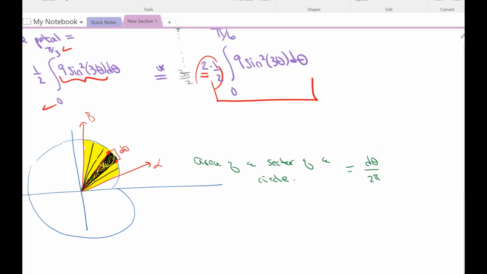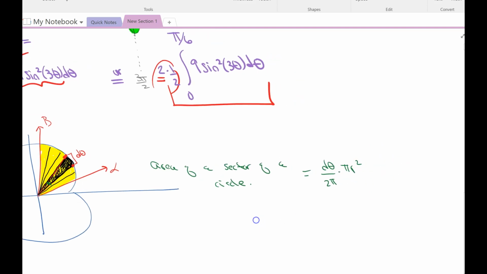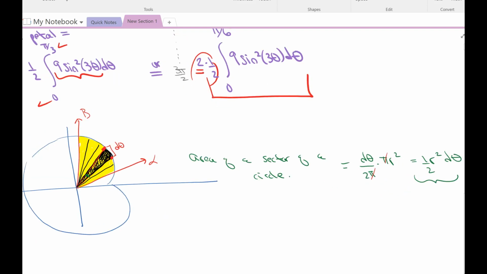And once again, when you zoom into any polar curve, if you zoom into a small enough change in theta, what this segment approaches is the area of a circle sector. So d theta over 2 pi gives you a fraction of the circle times pi r squared. That's the area of a circle. And if I'm in radians, because look at the small theta over 2 pi radians, only if you're in radians does this nicely happen for us. The pi's cancel, and we're left with then 1/2 r squared d theta. That's the area of one of these sectors.